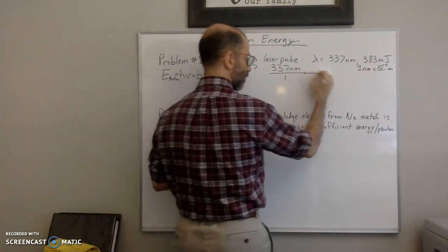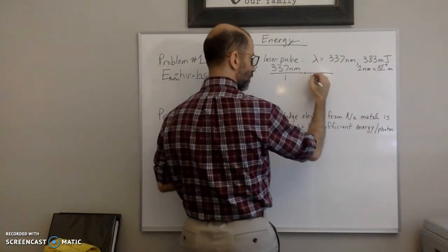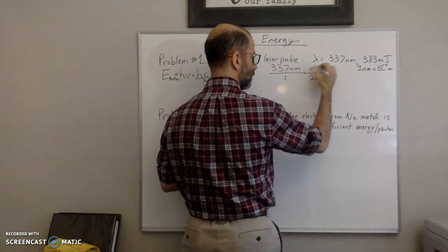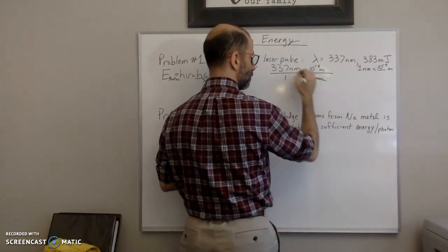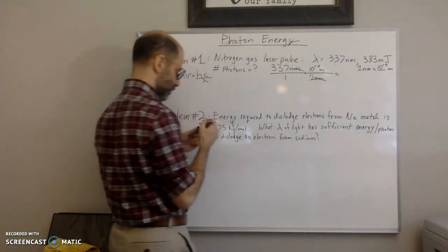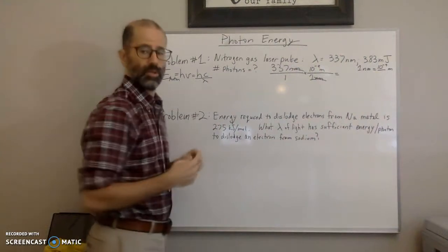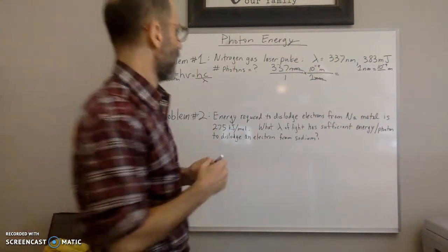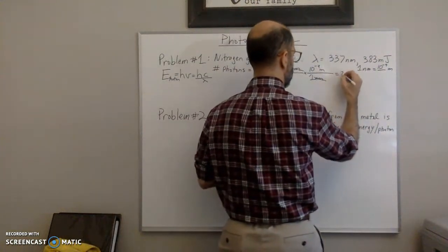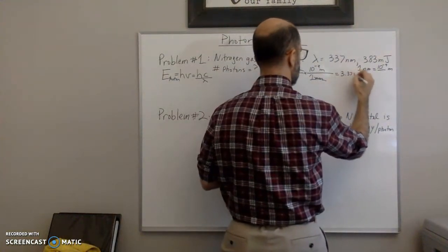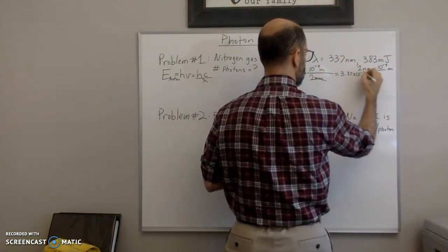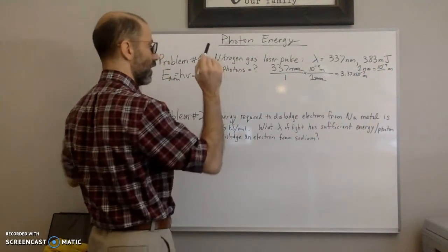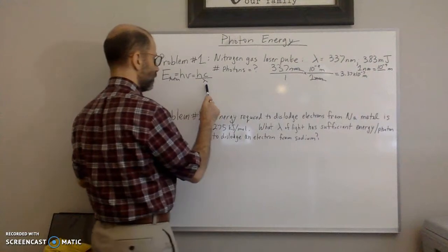So 1 nanometer goes on the bottom, and then 10 to the negative 9 meters goes on top. So now I have meters. If I do the calculation, this will end up being 3.37 times 10 to the negative 7 meters. Okay, so now I have my wavelength in meters.